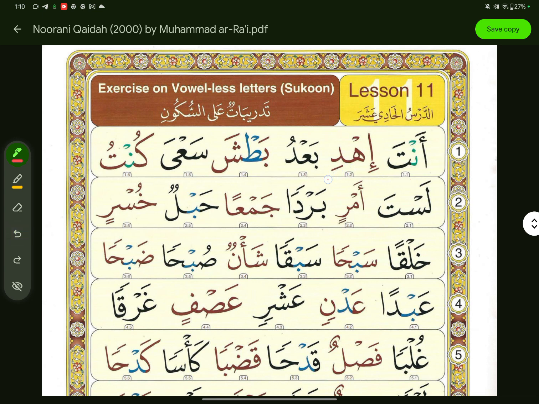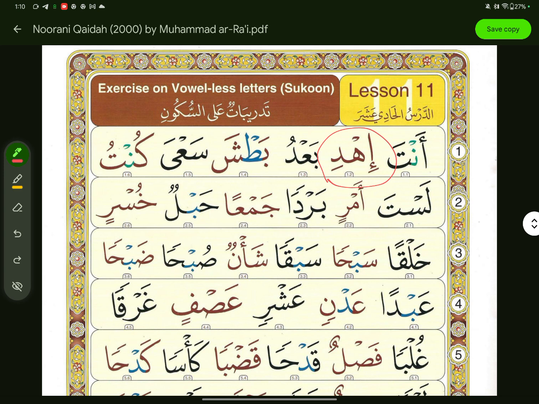Next one, we have Hamza with a kasra, E. The next letter there is Ha. As we know, there are many variations to the Ha. Ha is similar to how H has a sound in English, but H is a lighter letter.